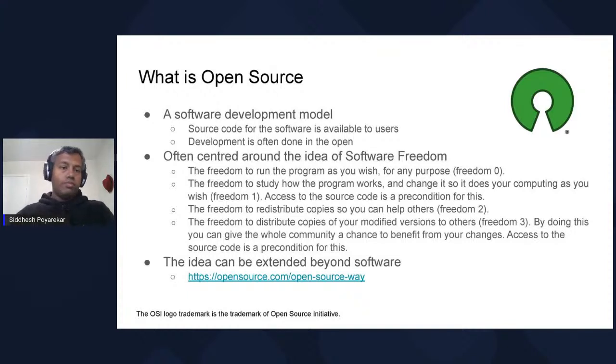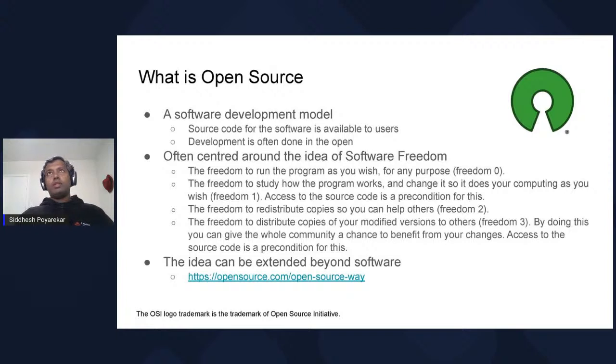These four freedoms essentially make up free software and open source software, and that's pretty much the underlying basis of how the open source or free software ecosystem works. The idea of open source, however, can be extended beyond software.